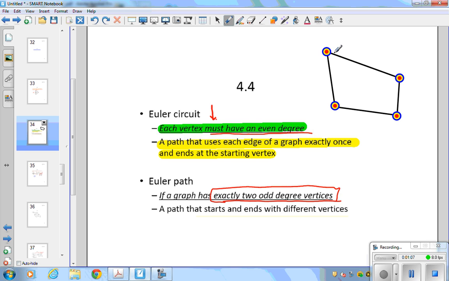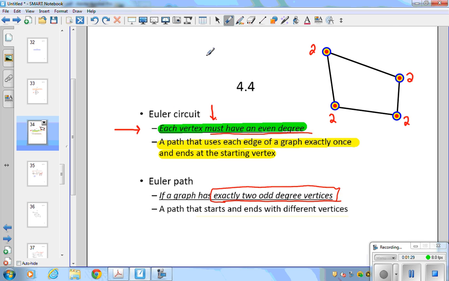So if I look at this vertex right there, how many edges are touching it? Well, there'll be two. What about this down here? It'd be two as well. What about this? Two as well. And this is two. So they're all two. Notice that every vertex has an even degree, which is exactly what Euler states.